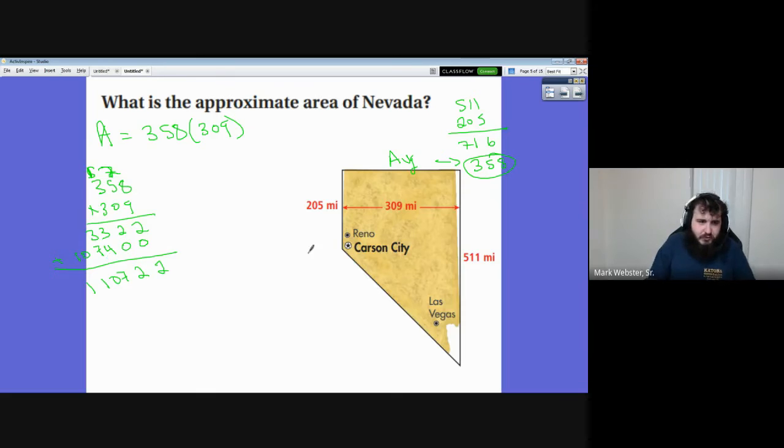Sorry, I'm tilted here. And this is our final answer. That many. So area equals 110,722. And what is our unit? Miles squared.